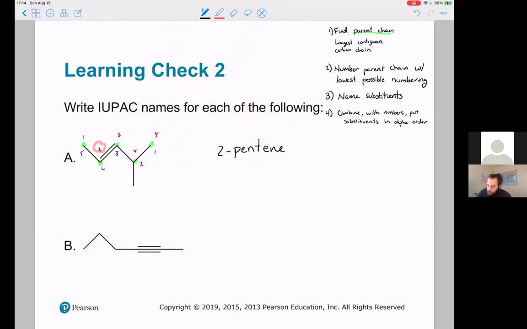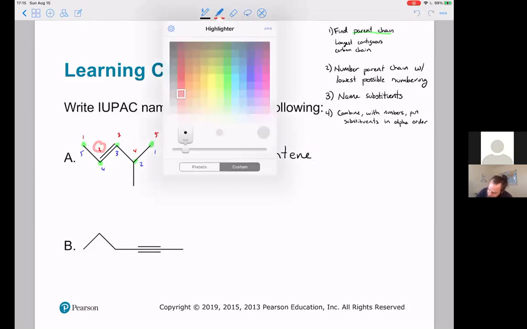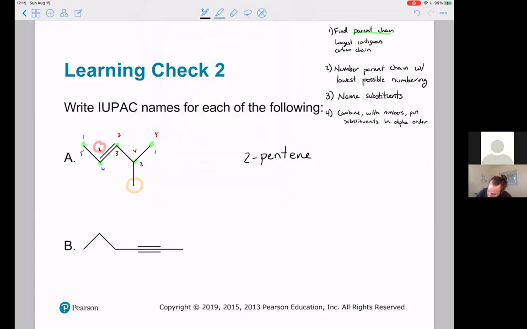Okay, so you have to include the number of where that double bond is. We have our substituent here, which is a methyl group. Again, we said that it was the red numbering scheme that was correct, so I'm going to get rid of this blue one here. So this is 4-methyl 2-pentene. That would be the name of that compound there.